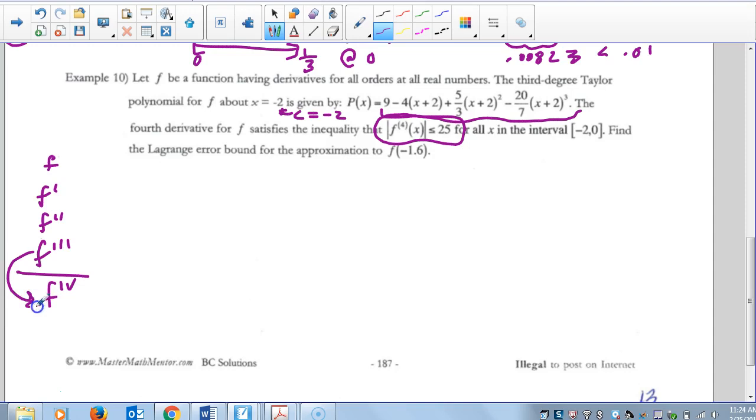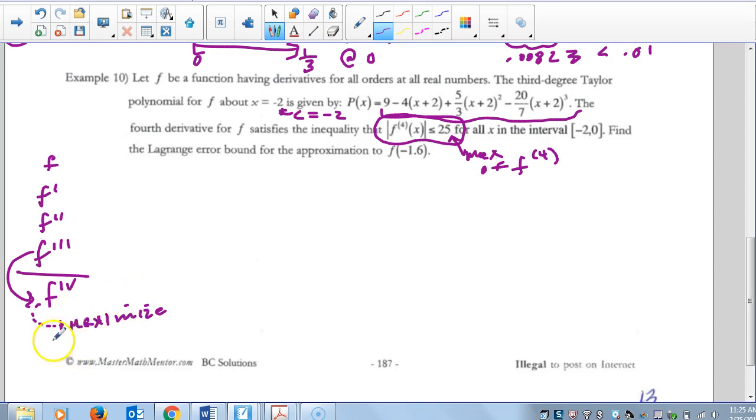When you maximize that, you didn't have to do any work for this, right? They told you that maximum value. So this is the maximum of f4. So that is the maximum.